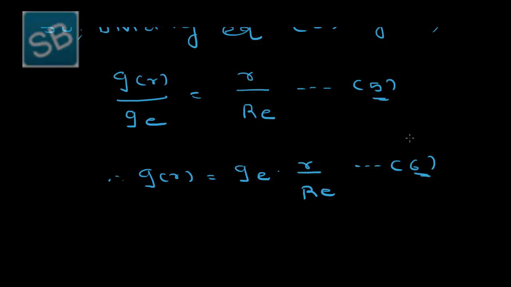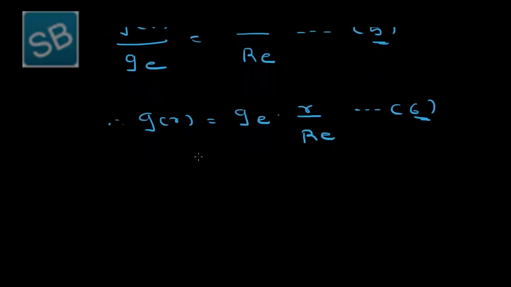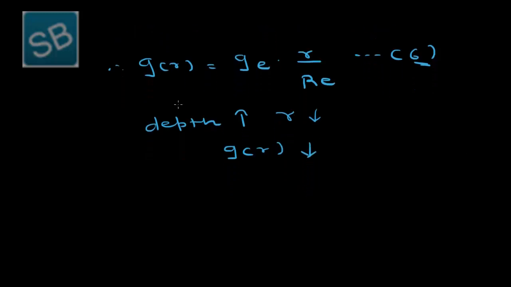So any one equation you can use, and in both the equations we can say that the gravitational acceleration is directly proportional to the distance from the center of the Earth. So as the depth increases, that means distance will be decreased, and so the value of gravitational acceleration will also decrease.